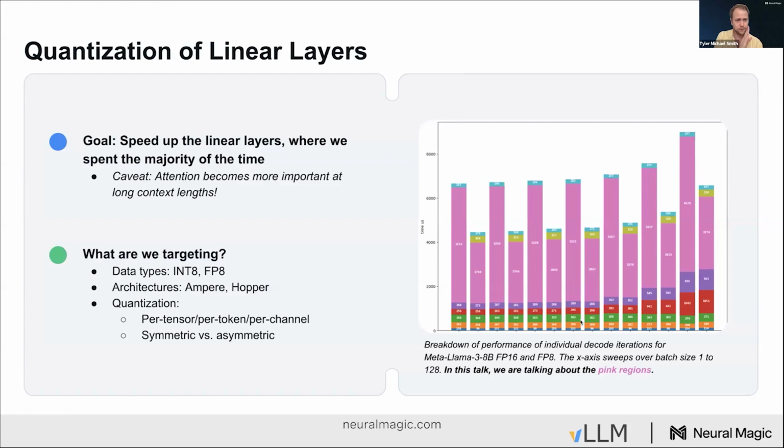As we go from left to right, we have a larger batch size, and so attention actually becomes relatively more expensive than GEMMs, basically because the linear layers become cheaper as you increase the batch size.